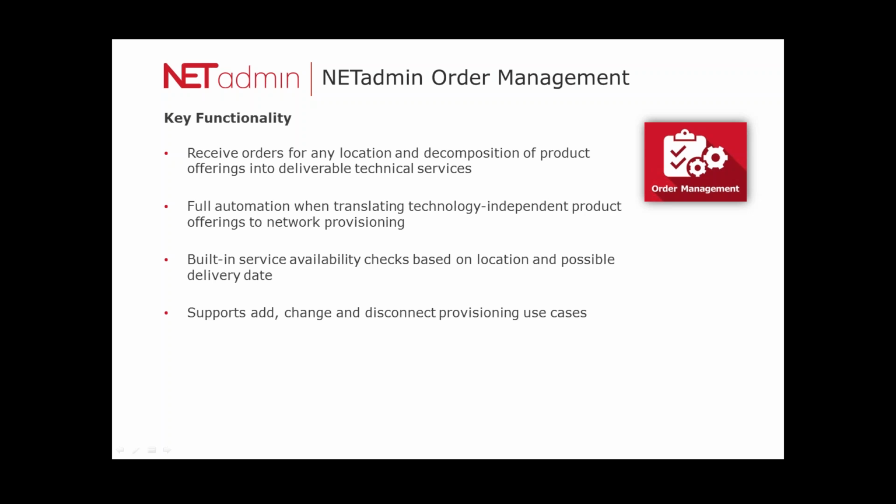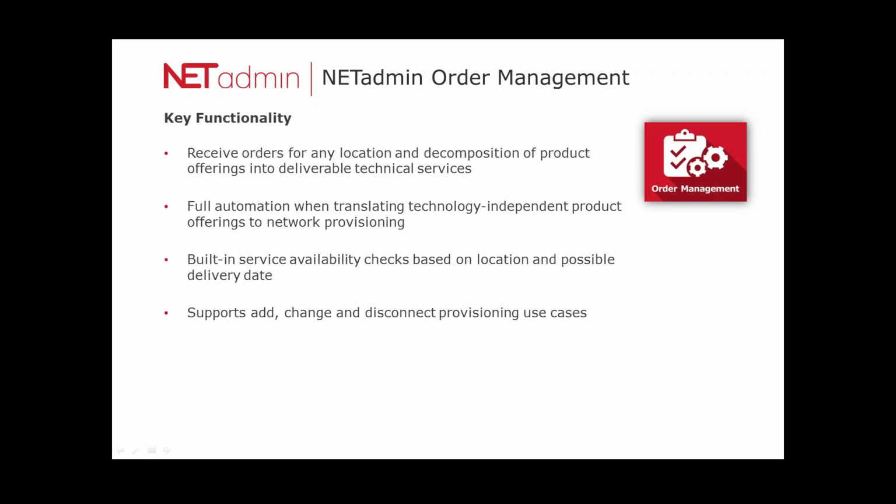So it's not only about placing orders of products, it's also about being able to perform availability checks. And that's a very important part of the NETadmin Order Management API, which is often the first step before an order is being placed into the system. It allows the system that integrates with NETadmin to check the availability for products and technical services on a location.